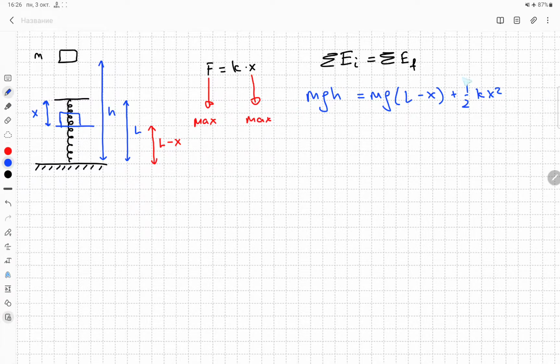So we have this kind of energy equation. In this equation we have only one unknown, x, the compression, and we can easily find x, come back to the original equation, and determine the maximum force. So let's continue. Further is totally math, so we should be careful.